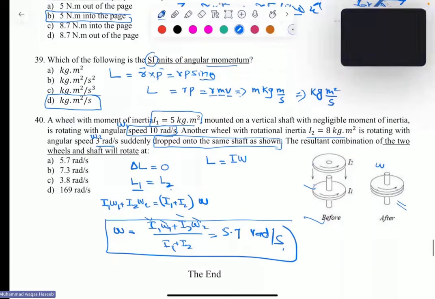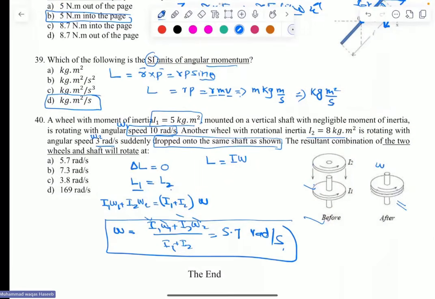Okay, sure. If we start with the question: a wheel with a moment of inertia, this is the wheel, I1, mounted on a vertical shaft with negligible moment of inertia, is rotating with a speed. This is omega 1 because it's angular velocity.